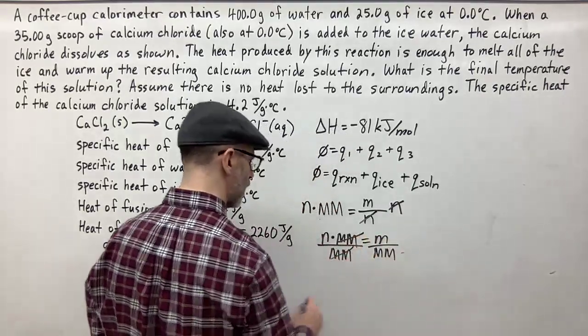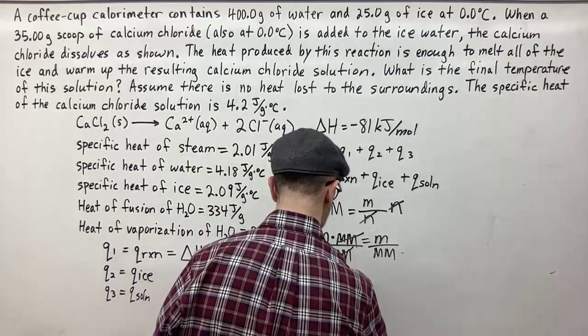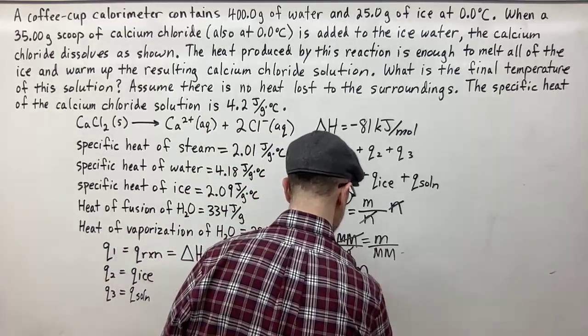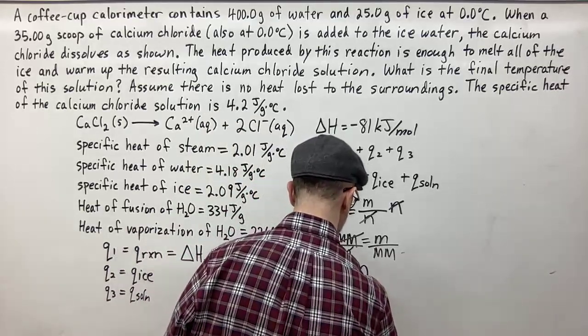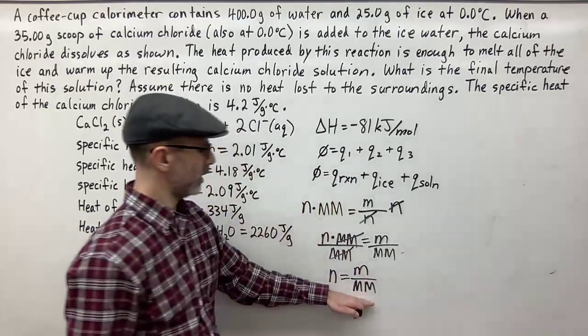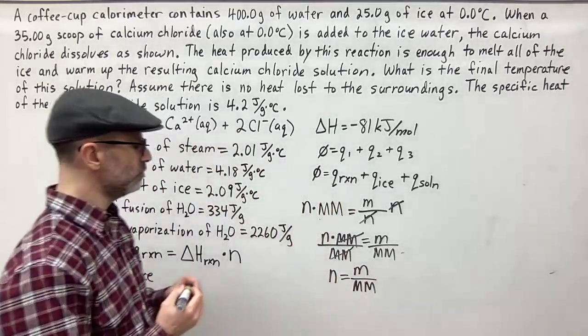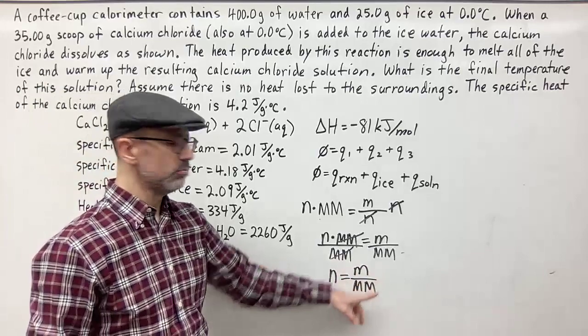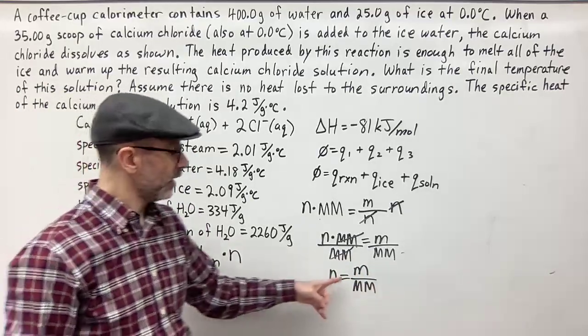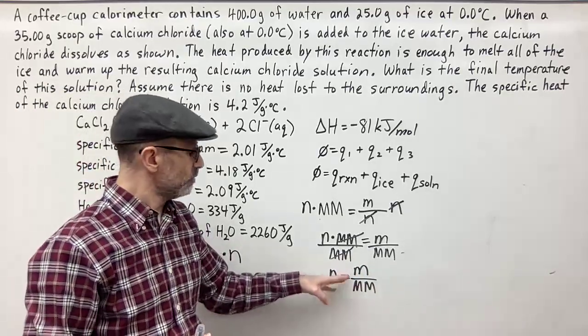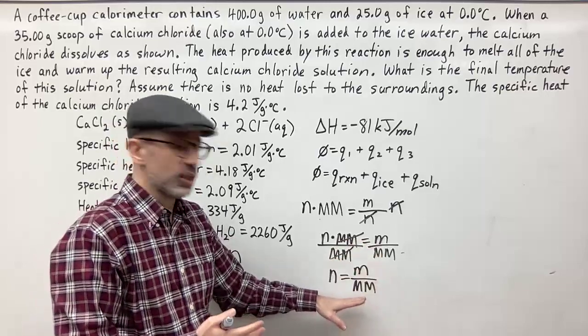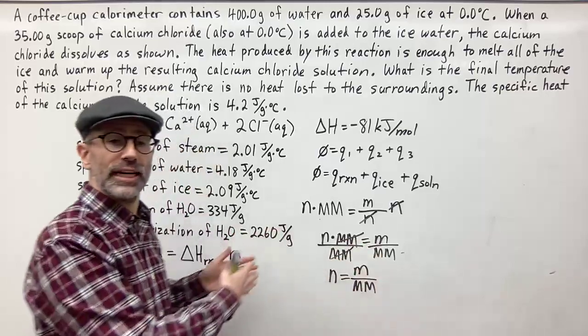So that's going to cancel out. Now I have N, the number of moles, is equal to the mass in grams divided by the molar mass. So now this is pretty much the same thing. I'm basically doing the conversion, but now I'm putting it into the formula.